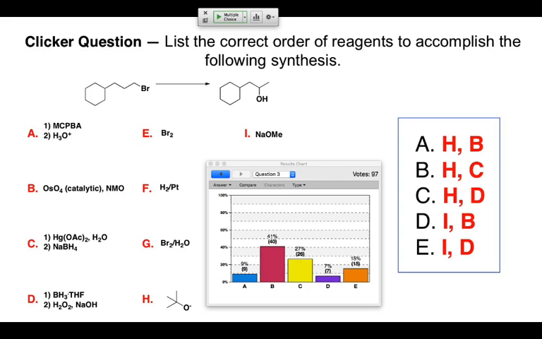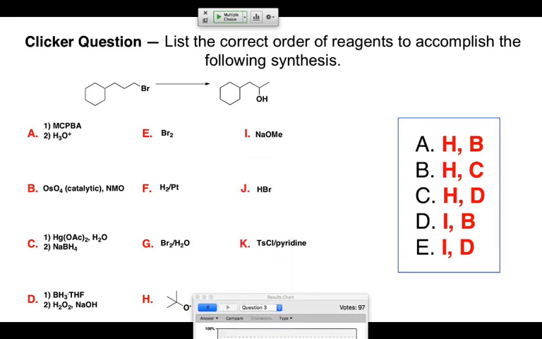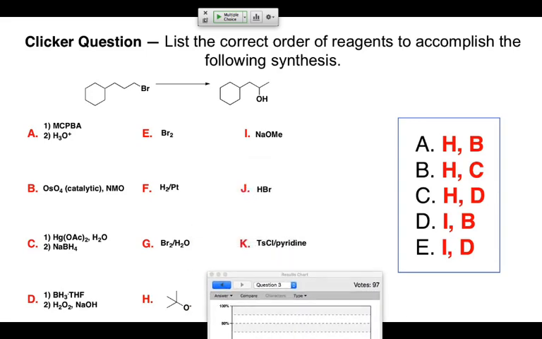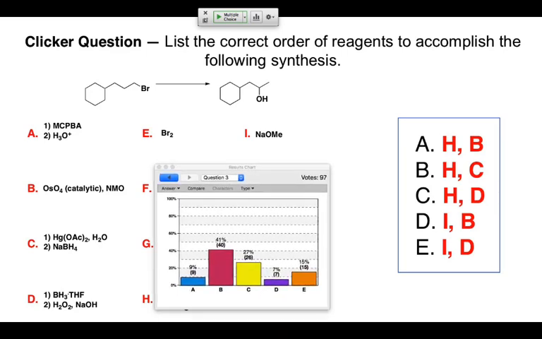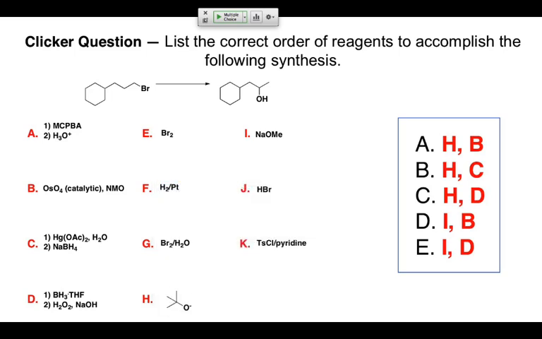I think B is the correct answer. So you guys, it's the majority line, okay? This was a hard question, so let me show you what's going on. So yeah, B is the correct answer.